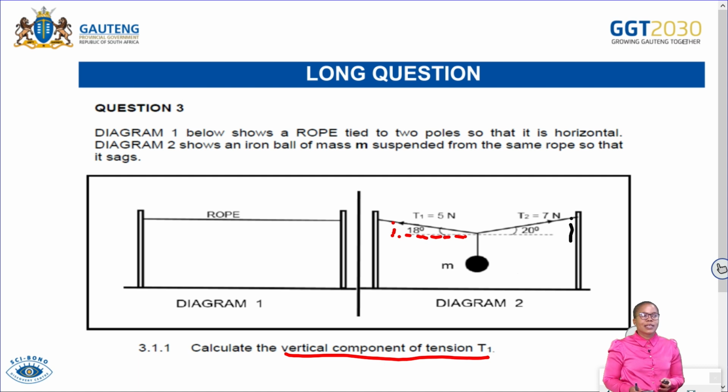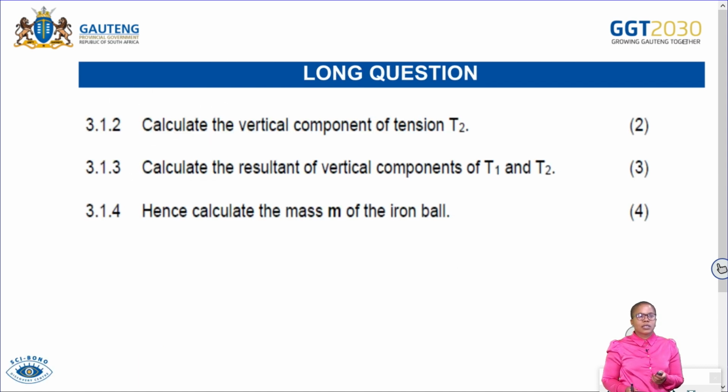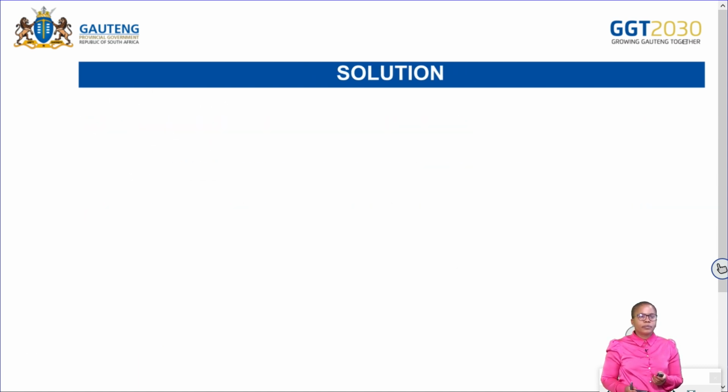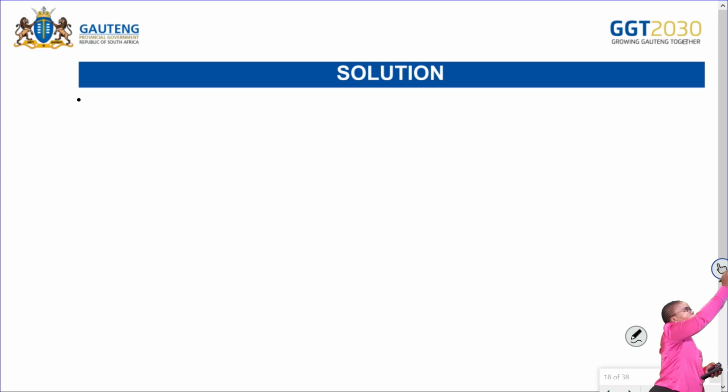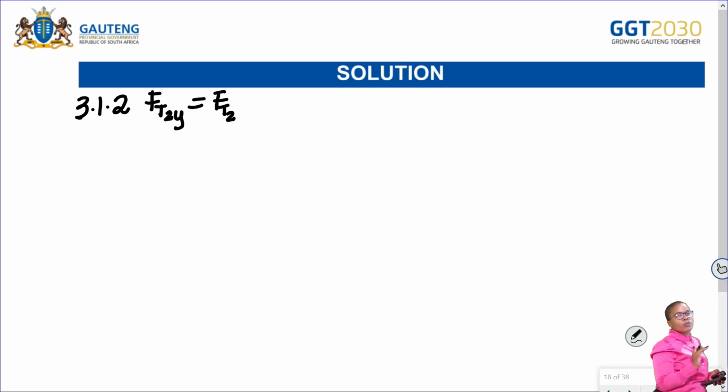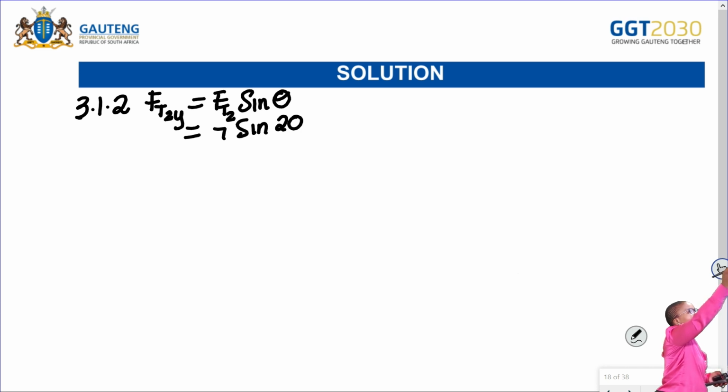It's 7 newtons acting at 20 degrees. FT2y is equal to your FT2, which is your original force, times sine of theta. Therefore, it is 7 sine of 20 degrees.